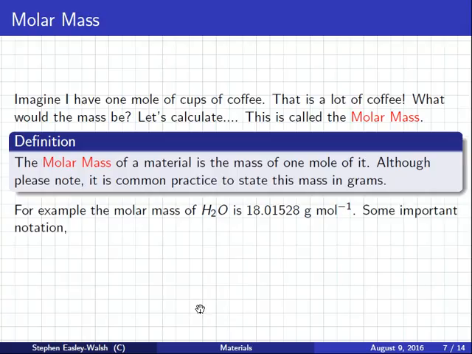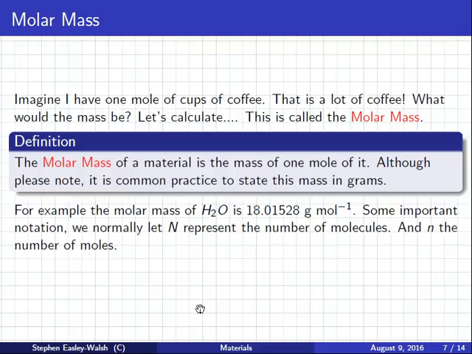Some important notation. We normally let big N represent the number of molecules and small n the number of moles. At least that's what I use and we use in physics. So here big N is for a big number like the number of molecules of H2O, whereas small n is a small number, the number of moles of H2O.